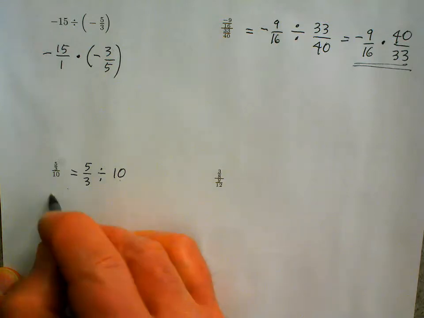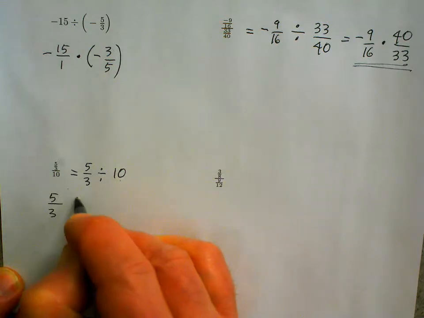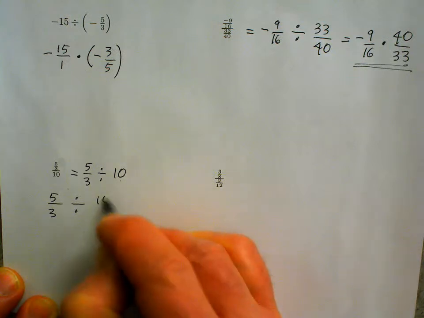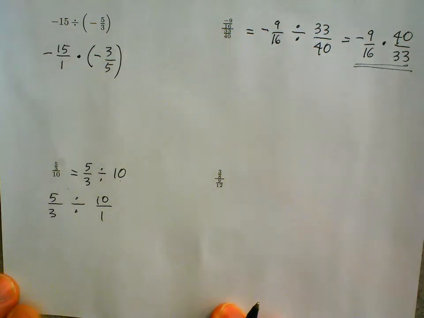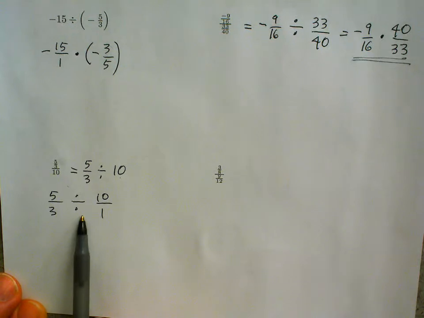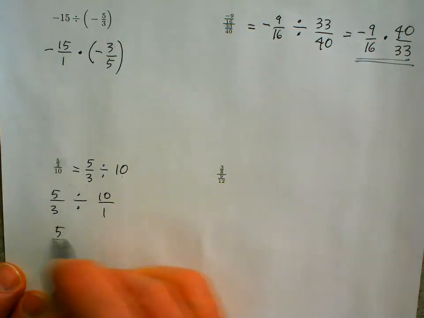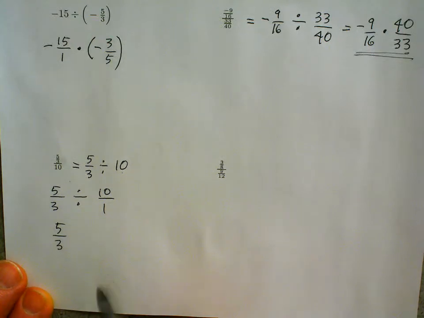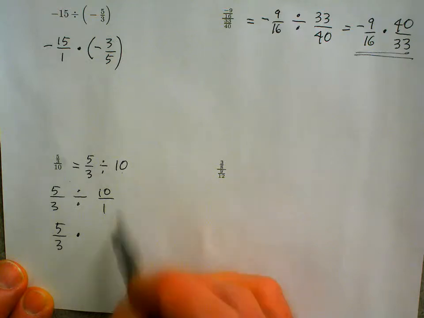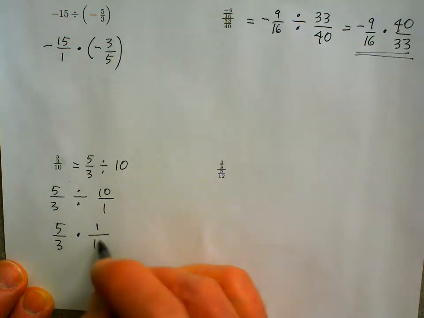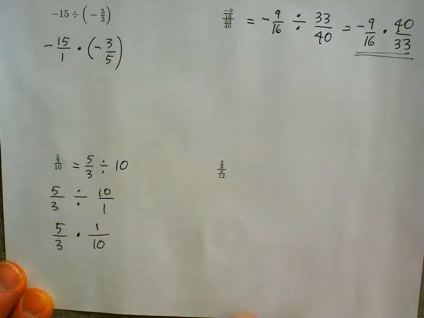So we have 5/3 divided by 10/1. And then we can convert it to multiplication. The fraction on the left stays the same, 5/3. And then multiplied by the reciprocal of 10/1, or 1/10. And so on.